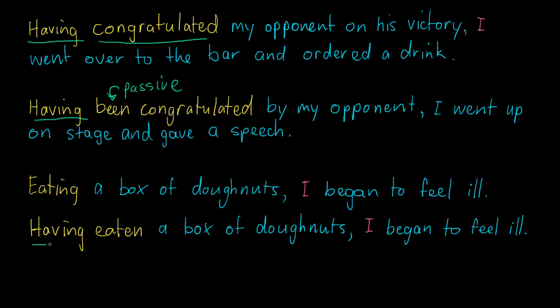So just like above, this time we have used the perfect tense again, or having. Now this is a different use because eating a box of donuts, I began to feel ill. When we have just the participle, it means at the same time, or that the eating was unfinished. When we say having eaten a box of donuts, we actually mean that this has finished, and then you began to feel ill. So not finished and finished.